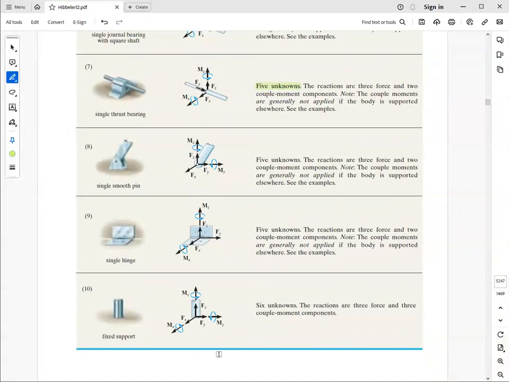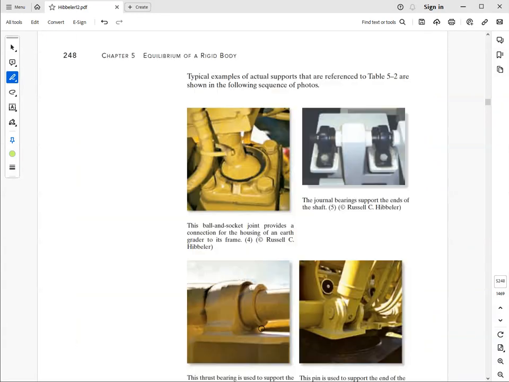And then we have a fixed support where all degrees of freedom, 6 in total, are suppressed. So we're going to see 3 forces and 3 moments, showing the effect of the surroundings upon the body.